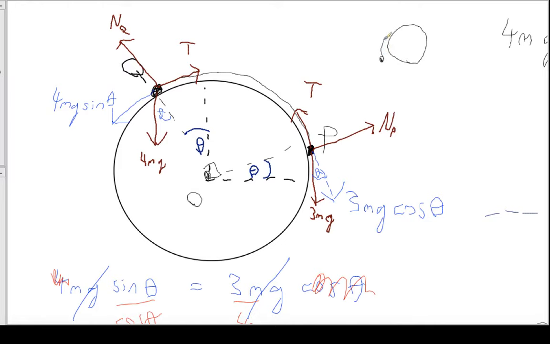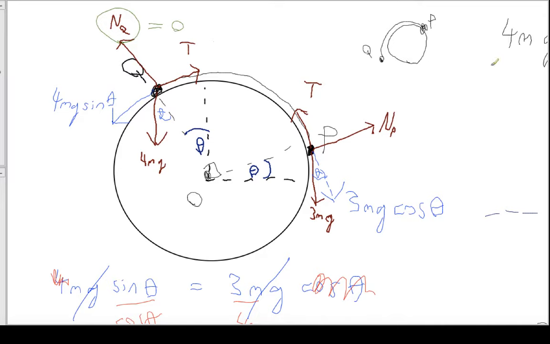Remember, Quentin's Q, this is P. So he loses contact with the pipe first. He's going to come off the pipe. Now mathematically, or physically, what that means is that N_Q, the normal reaction here, is equal to 0. So we want to find when that's true. When is it equal to 0?